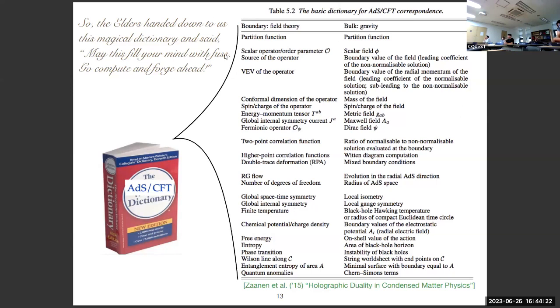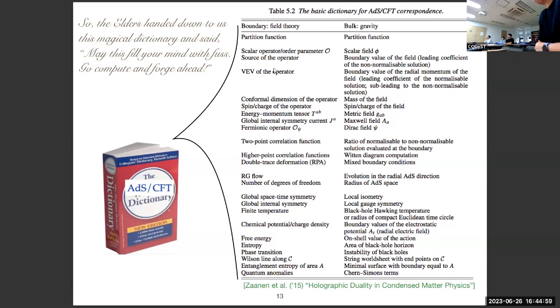These are general lessons that we can learn. The other important things here are these statements about sources of operators and vevs of operators. Quite nicely, both of those things are packaged in essentially one single object, which is the near boundary behavior of the appropriate field, whether you're talking about a scalar, the graviton or a gauge field. What you generically do is look at what happens as you approach the boundary.